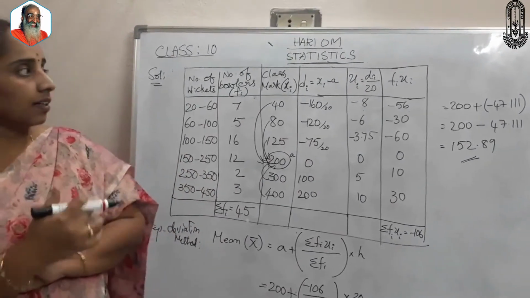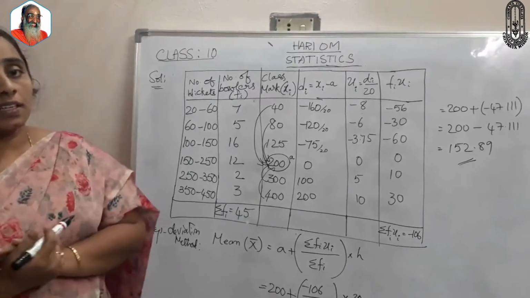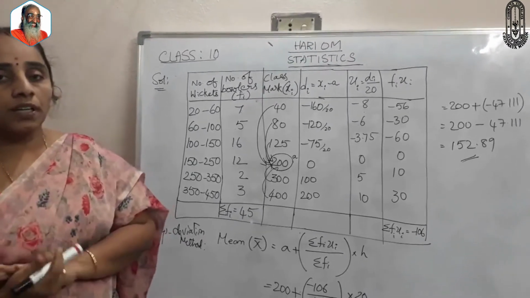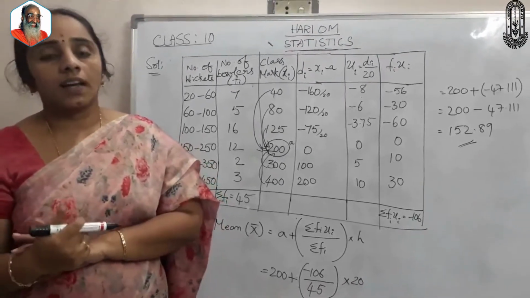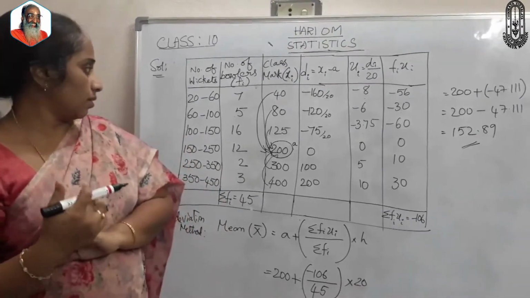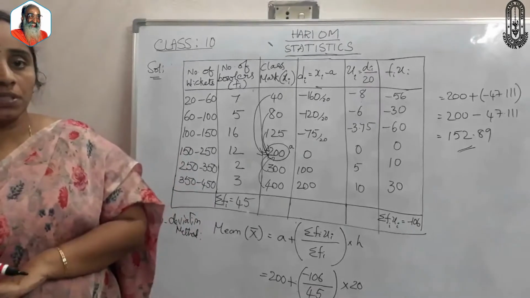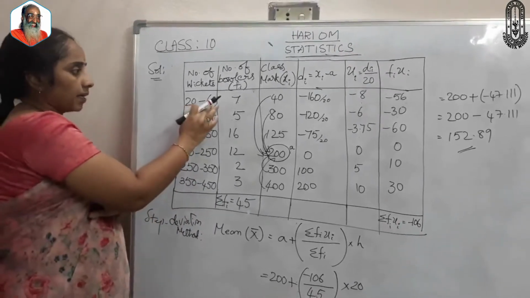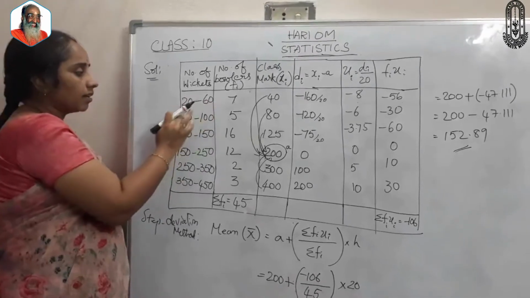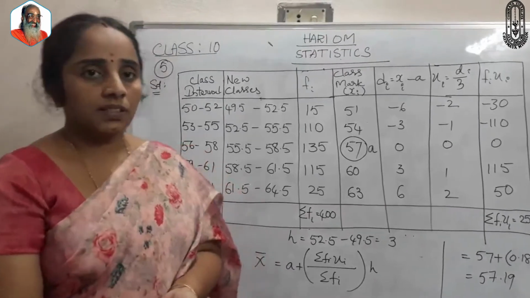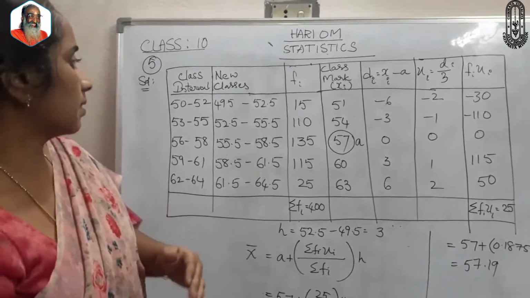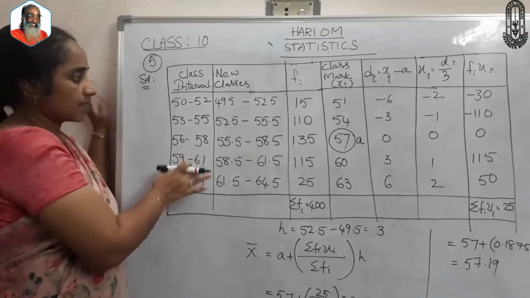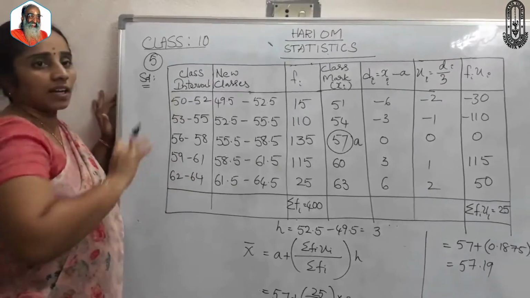Next, coming to the exercise. In our exercise, one more important model, that I already discussed with you, about exclusive classes and inclusive classes. Up to now, wherever we discussed the problems, the upper limit is equal to the lower limit of the next class. Up to now, we explained these classes with exclusive classes.